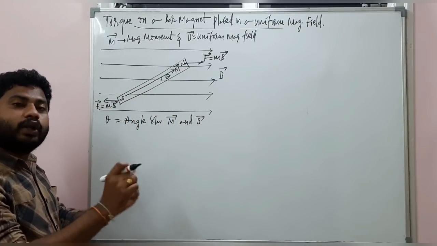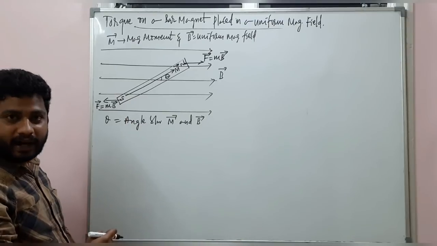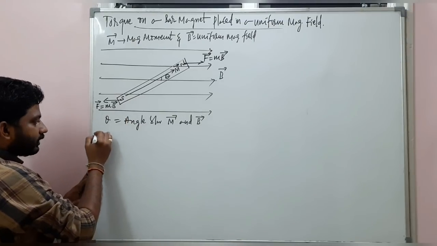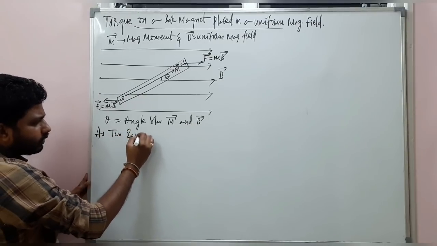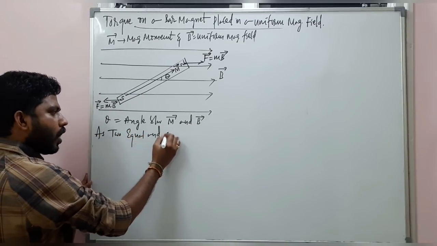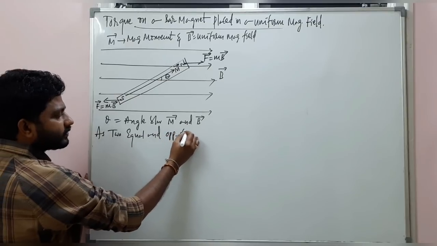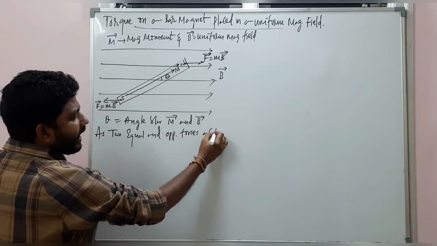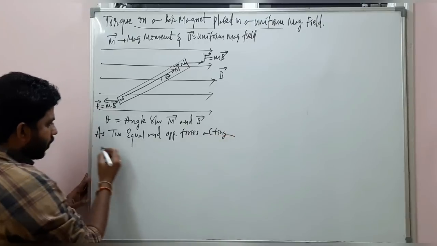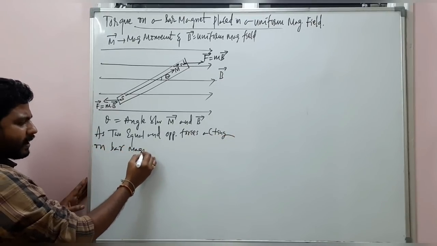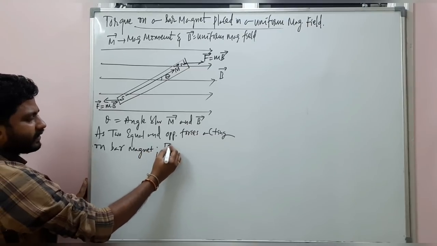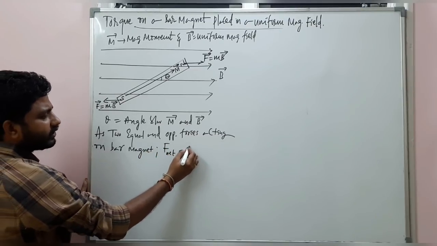As two equal and opposite forces are acting on this given bar magnet, I can say the net force acting on this will be zero.